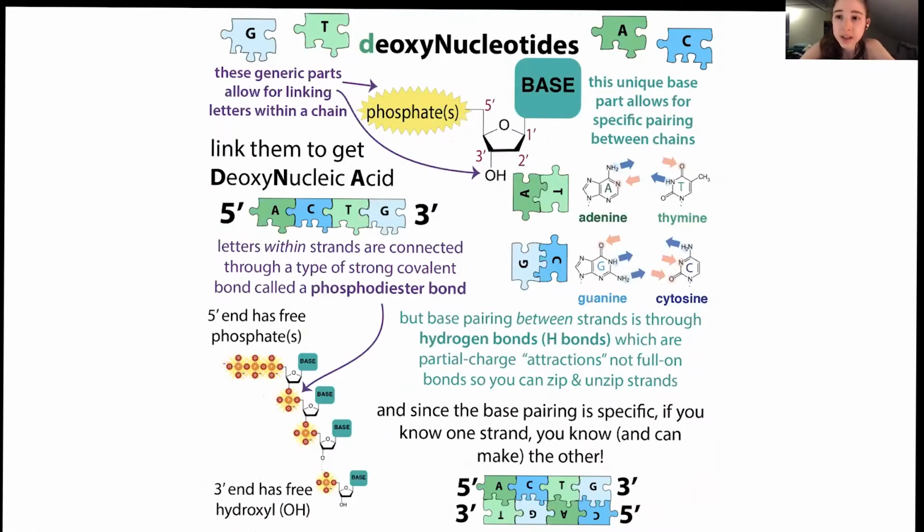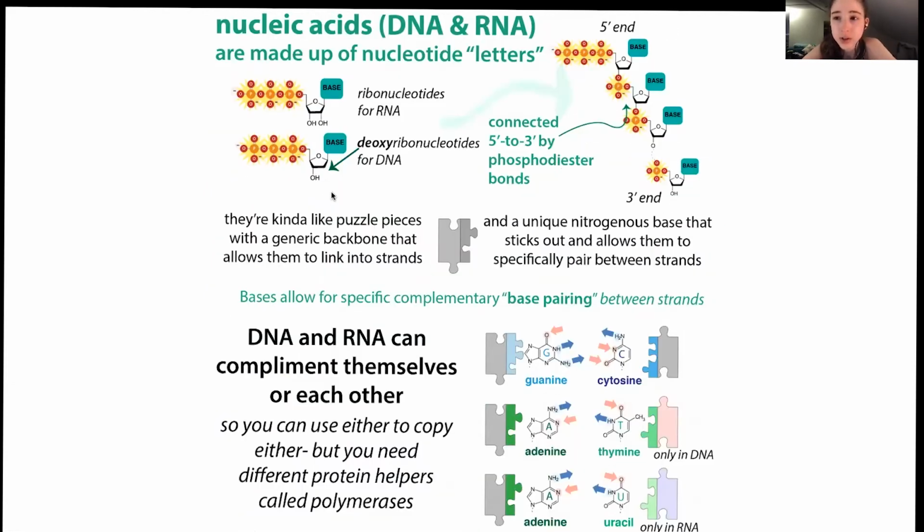Basically, DNA letters are typically just called nucleotides, although technically they're deoxynucleotides, because RNA and DNA are super duper similar. Their sugar is slightly different. Basically they have this sugar, this nitrogenous base, and these phosphate groups.